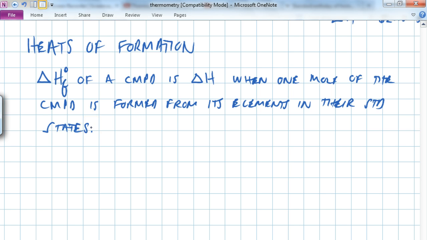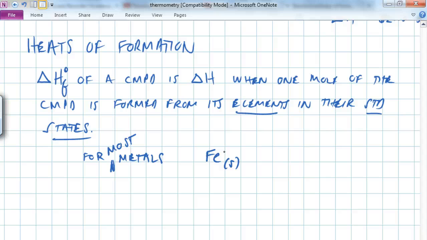Now, before we move on, let's make sure you know what an element is, first of all, and let's talk about standard states. For most elements, for example for most metals, the standard state is simply monatomic. Well, it's not really monatomic. They're in metallic bonds.